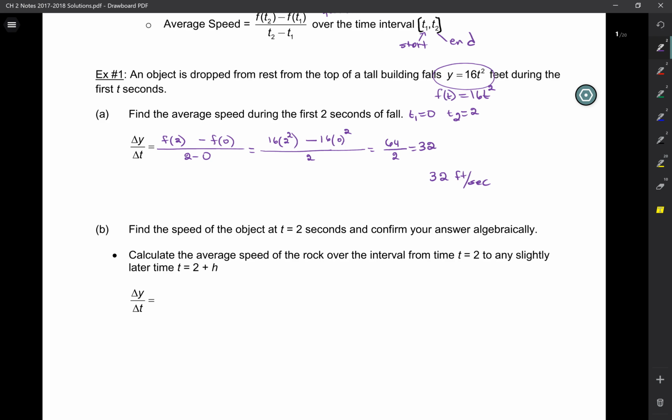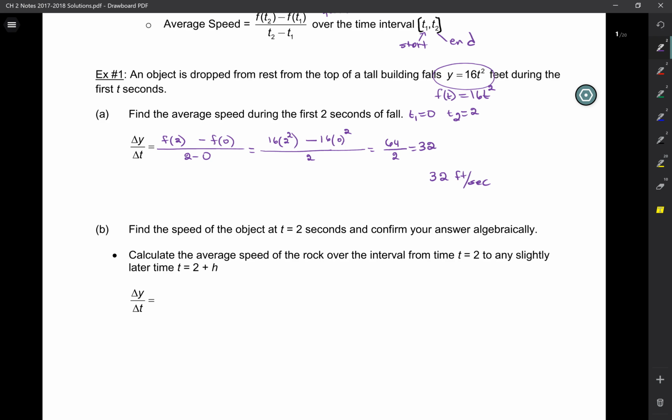Here we found the average speed from t equals 0 to 2. Okay? 2 whole seconds. You'll find that in calculus, that is a long length of time.